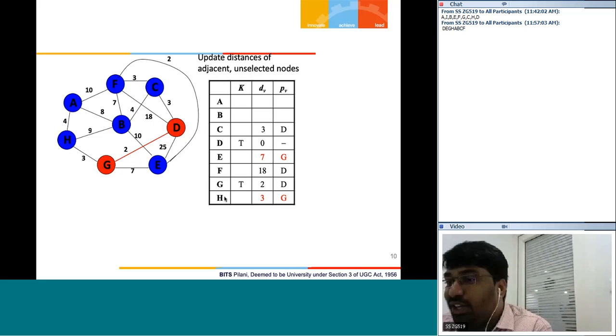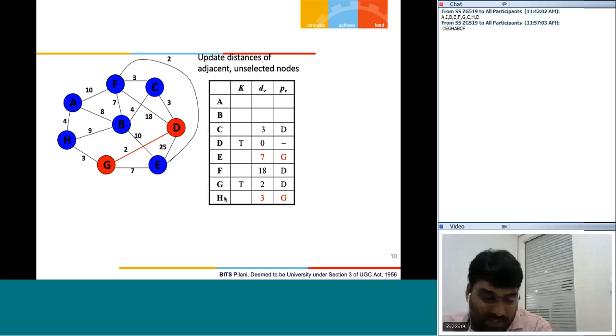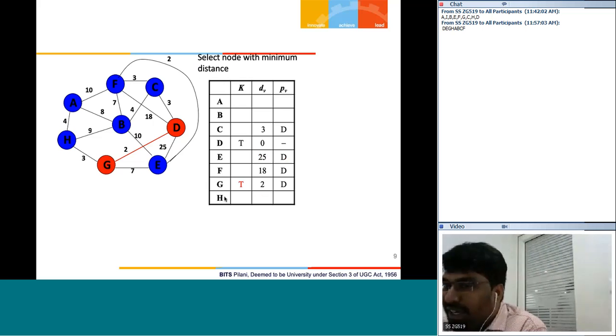Let's go back one. Anything else? Now observe. E's parent is D, and for H we are going to add a parent. What is the weight to reach E till now? What is the dV value? 25. The dV value from D to E is 25.